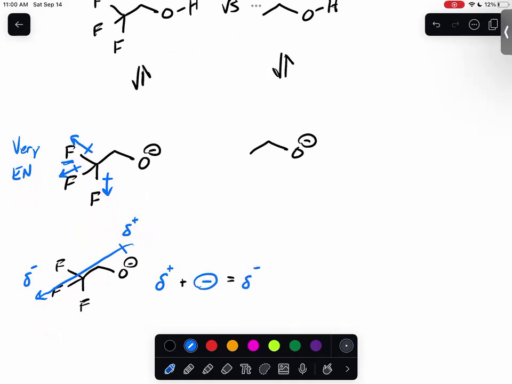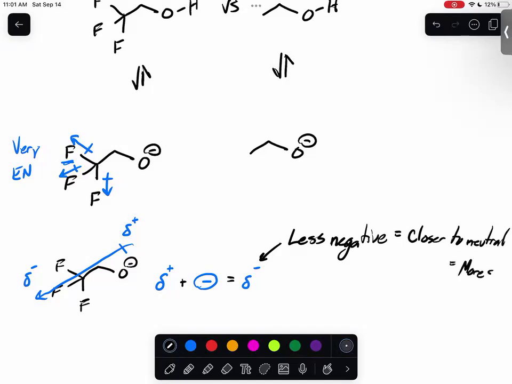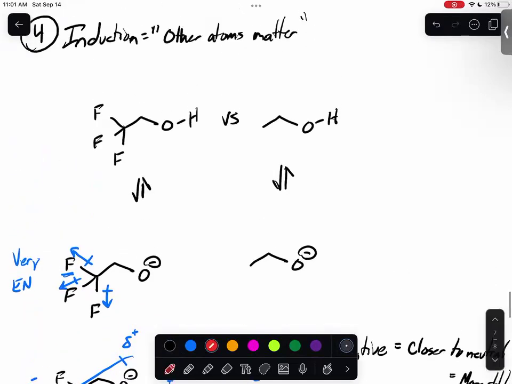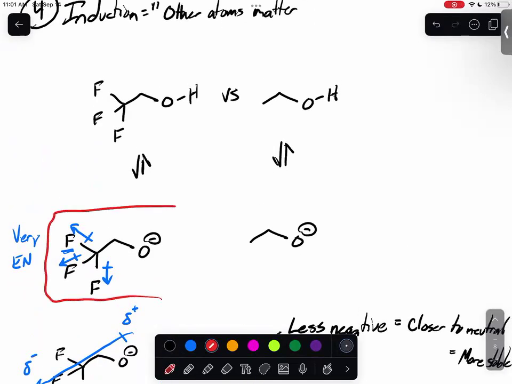And so this is less negative than the original negative charge, which means that it is closer to neutral, which means that it is more stable. So that tells us that when we're looking at these two molecules, this one right here with all those fluorines is more stable, meaning that the one up top is more acidic.